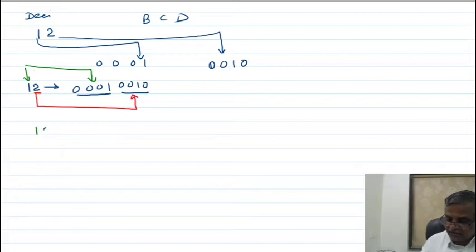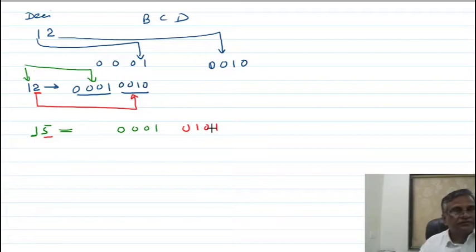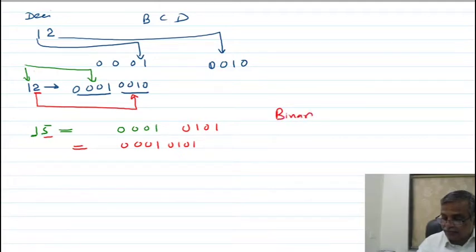If you want to write the BCD code of 15, then for 1 you write 0001 and for 5 you write 0101. So the BCD code of 15 is 00010101. The binary code of 15 is 1111.